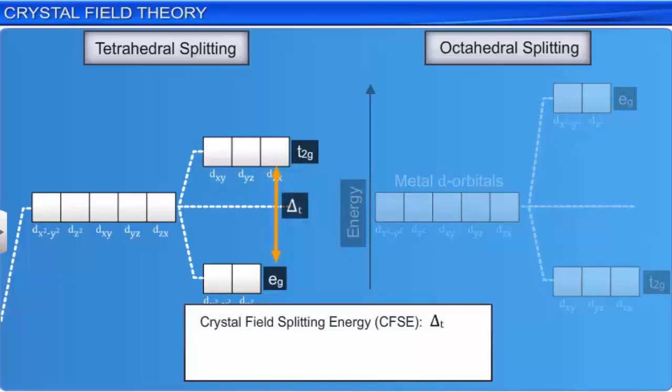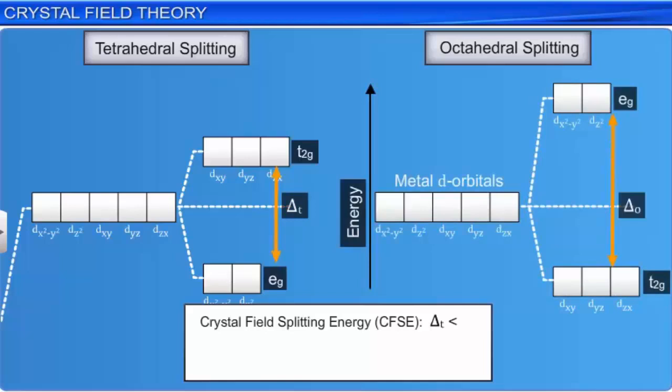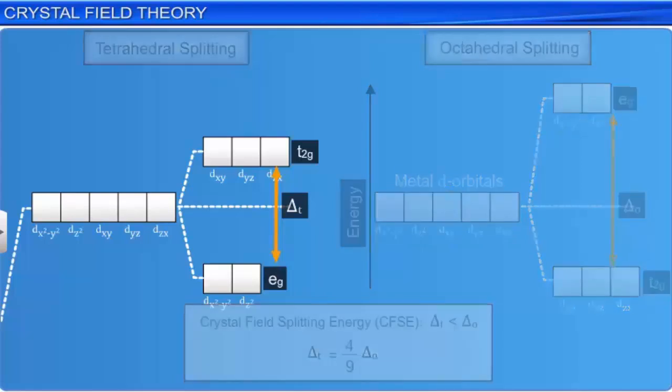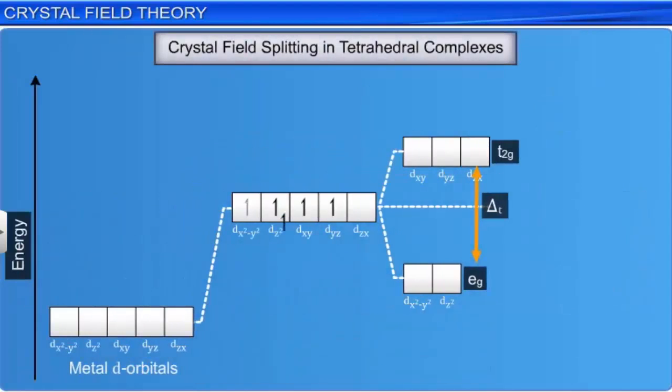The difference in energy can be represented by delta T is equal to 4/9 times octahedral splitting. This splitting energy is not large enough to force the electrons to get paired up. Thus, low spin configurations are rarely observed.